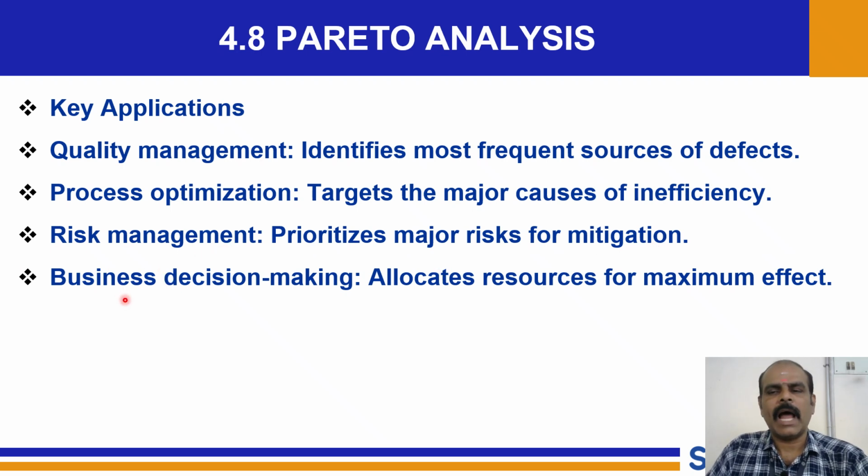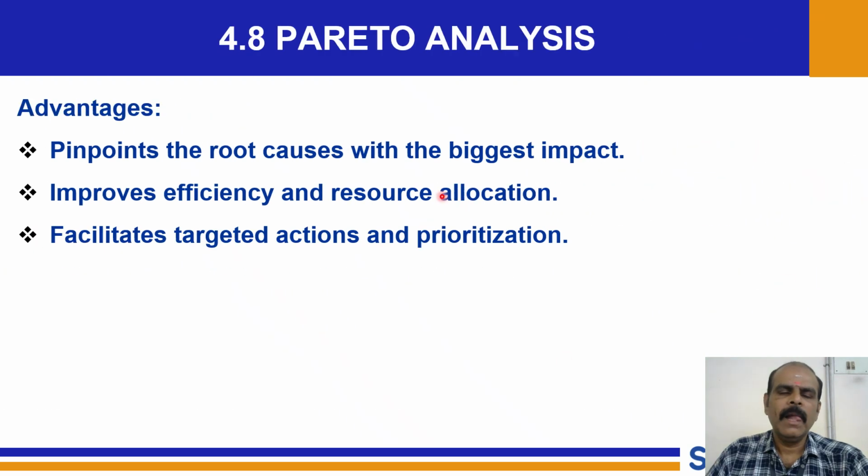Now this is where our focus of interest lies in the context of unit 4: business decision making allocates resources for maximum effect. Whichever is going to create the maximum effect will obviously be chosen as the solution. Advantages: it pinpoints the root cause with the biggest impact, improves efficiency and resource allocation, and facilitates targeted action and prioritization.